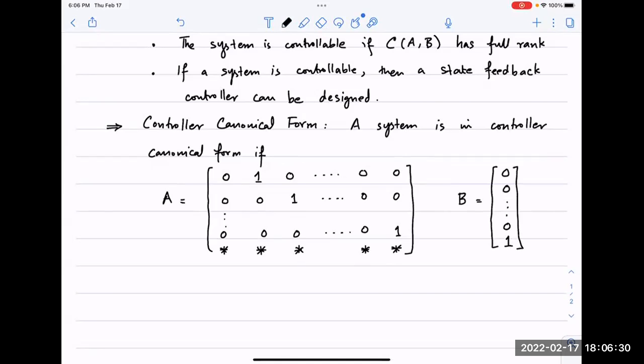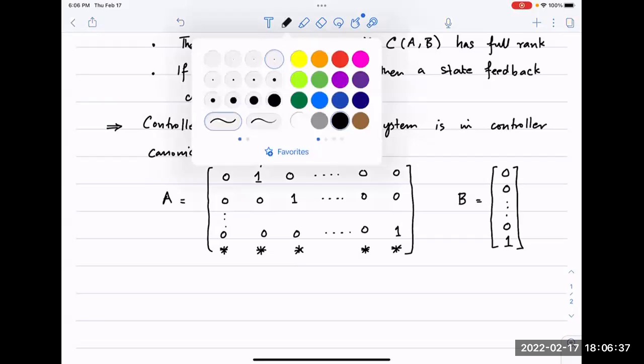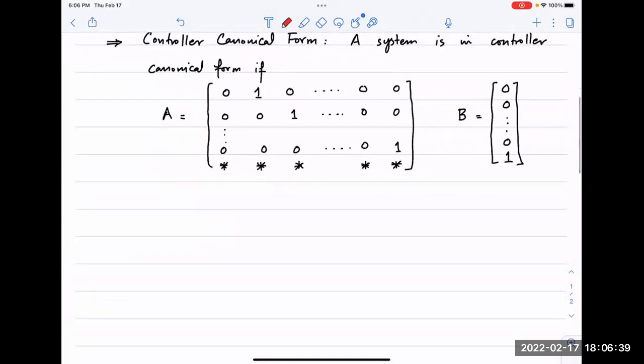We've seen in the previous lectures how to convert a state space representation into this form. Let me write this down.